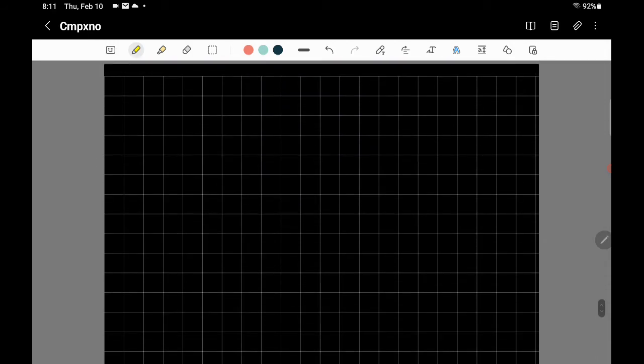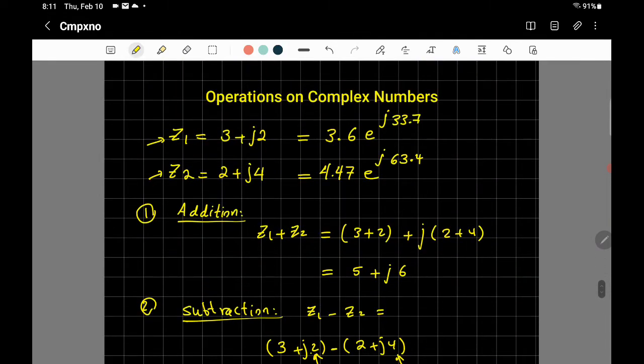Okay. The third basic operation, multiplication. We want to multiply z1 times z2. When we go back to z1 and z2, you will observe it's expressed in both Cartesian and polar. When you multiply, it's easier to use the polar form.